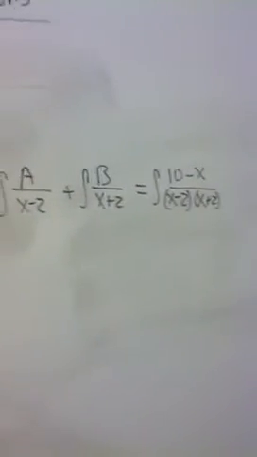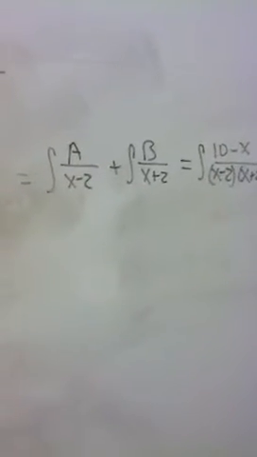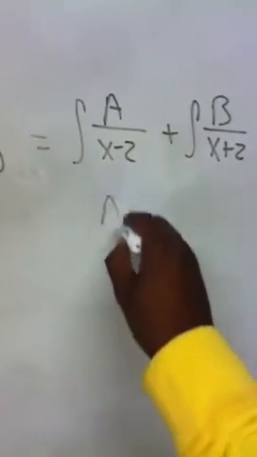So that's the new formula we have now. For a second, I just want you to forget the integral sign in front of each one and think kind of like this.